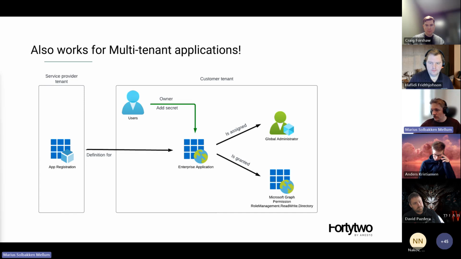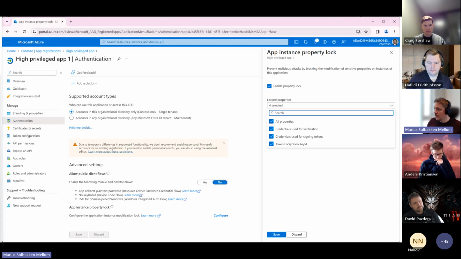So there is a way to handle it, but it's not on by default. And this is the app instance property lock. This is the only place where Microsoft uses the word app instance for an enterprise app. So it's just to make things a bit more difficult to understand. But by enabling this, that's no longer possible.